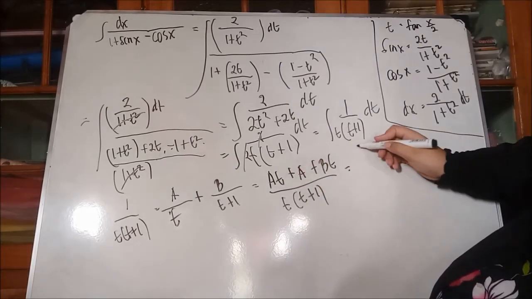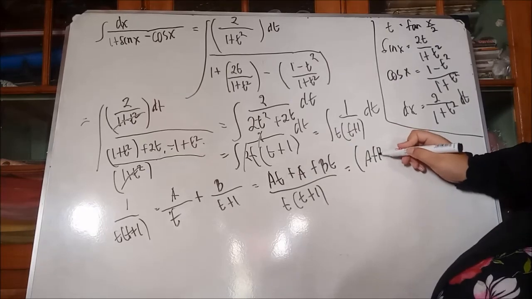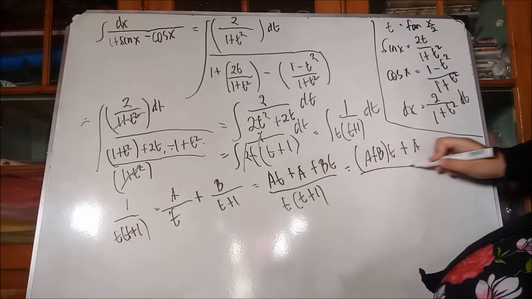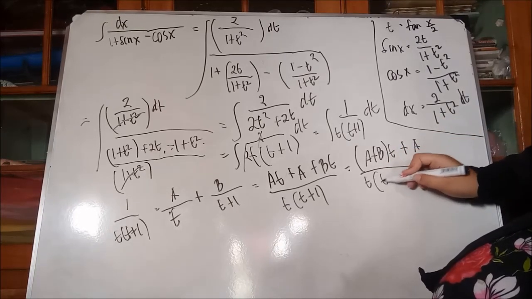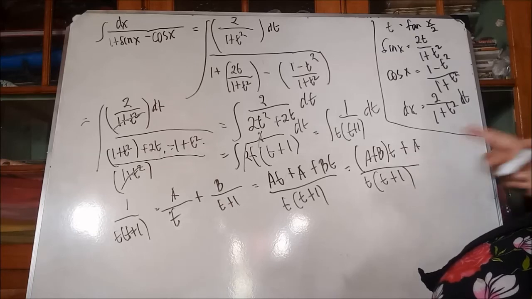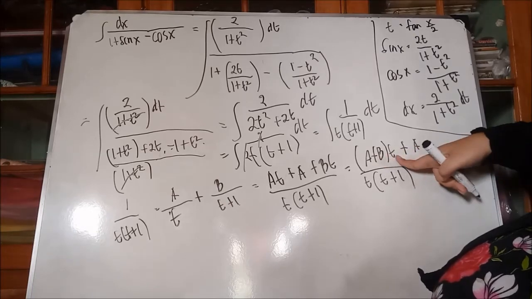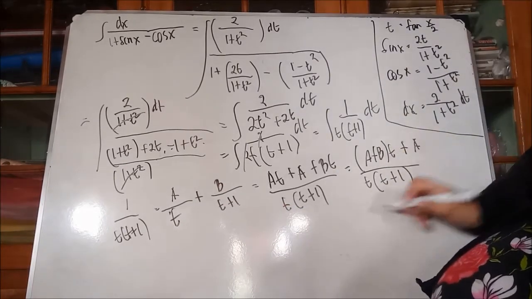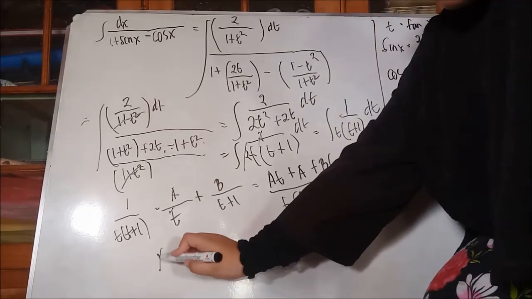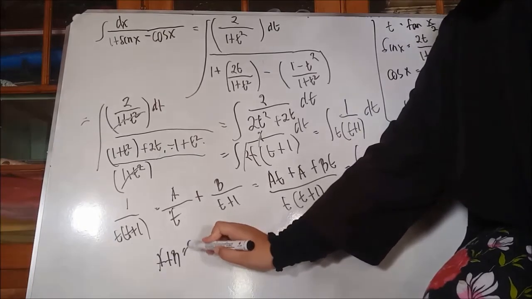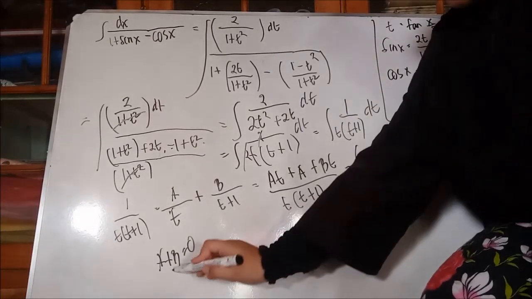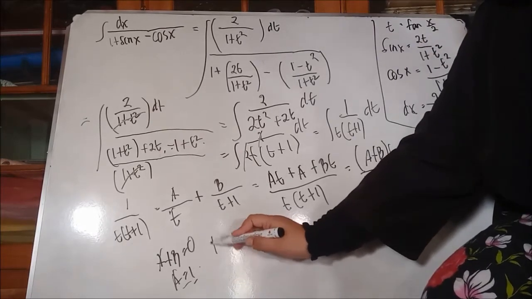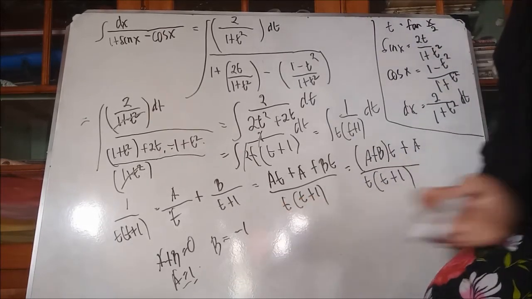So from here we get a plus b times t plus a over t plus 1. In here we have a plus b, and then we go back to in here we have only 1. So a plus b is equal to 0, and a is equal to 1. Because a is equal to 1, it means that b is equal to negative 1.